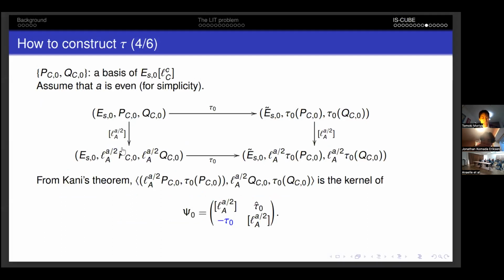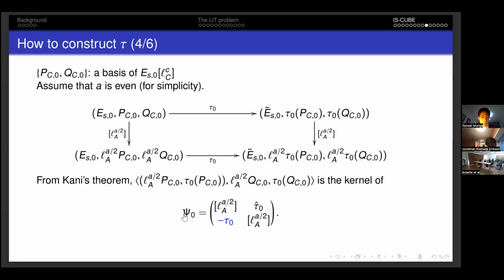By using Kani's theorem, we find psi 0 defined by this matrix. Its kernel is generated by L_A^A over 2 P_C0, tau 0 P_C0, and L_A^A over 2 Q_C0 and tau 0 Q_C0.